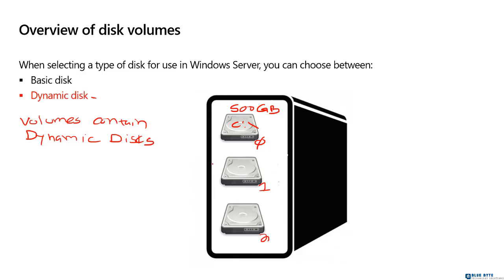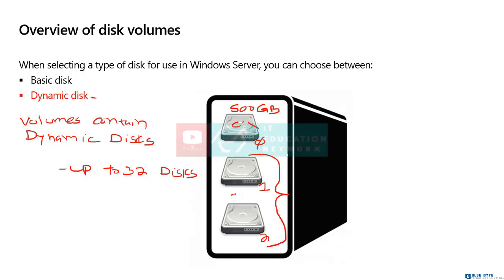And now my volume can contain multiple disks, actually up to 32 disks in one volume. So what I could do is take disk 1 and 2, and I could combine those into the same volume. Now we said each one of those disks is 500 gigs. So that's roughly 1 terabyte, just under 1 terabyte actually.